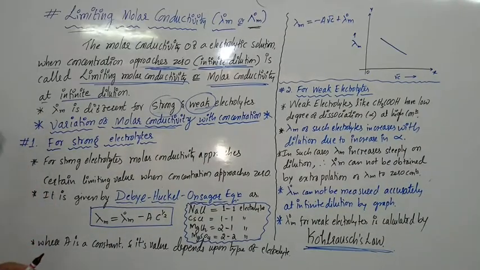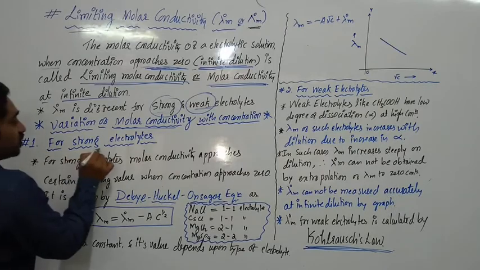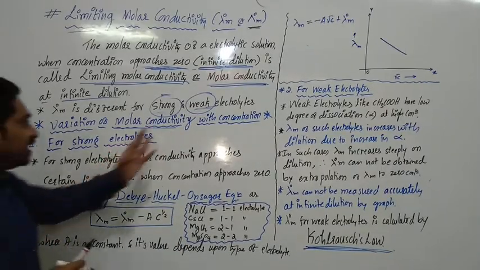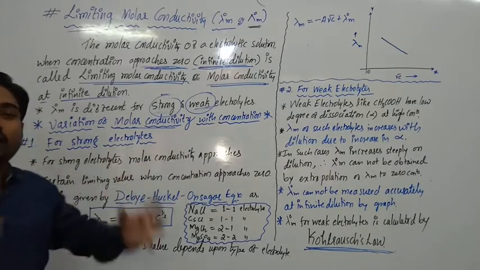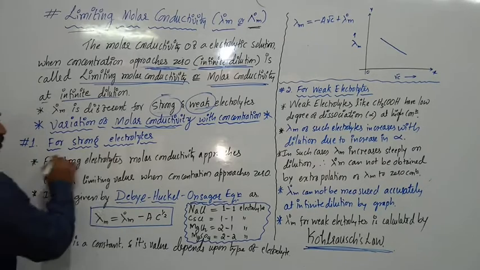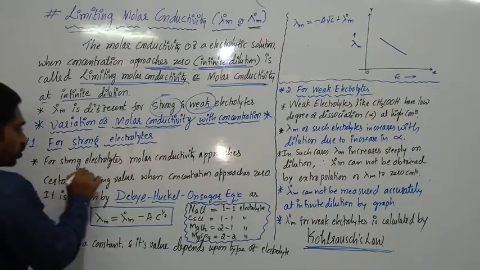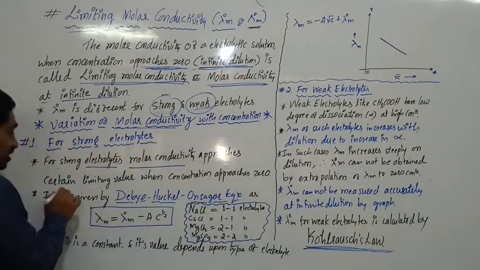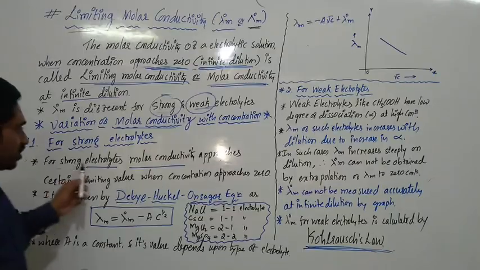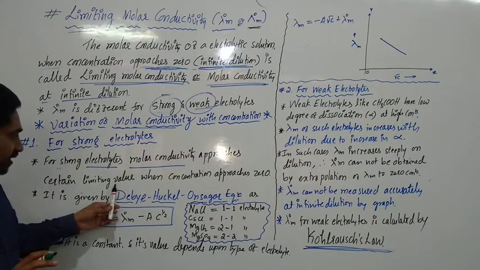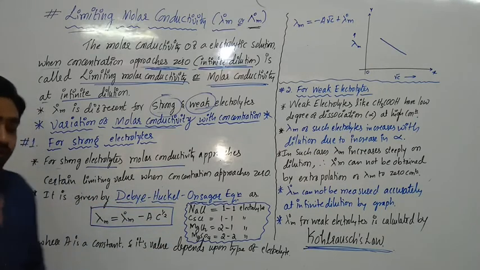Let us take the first case, strong electrolyte. On changing the concentration, how does the conductivity of a strong electrolyte change? For strong electrolyte, the molar conductivity approaches a certain limiting value when the concentration approaches 0.